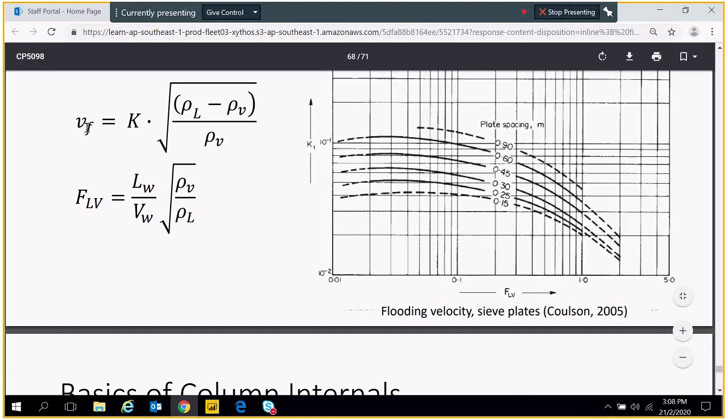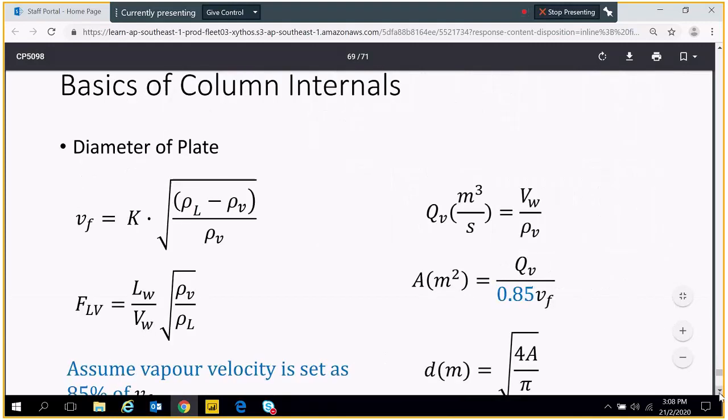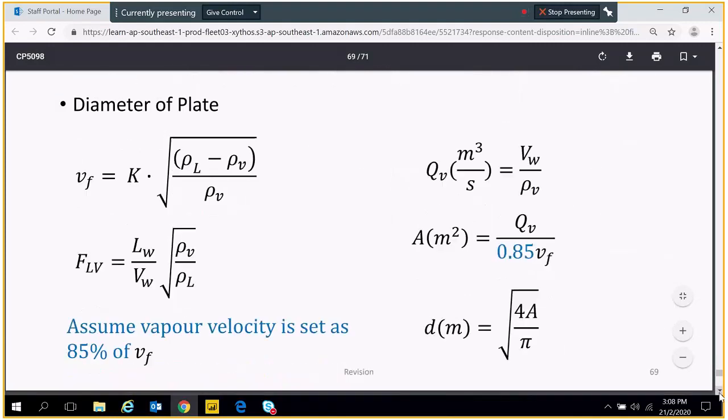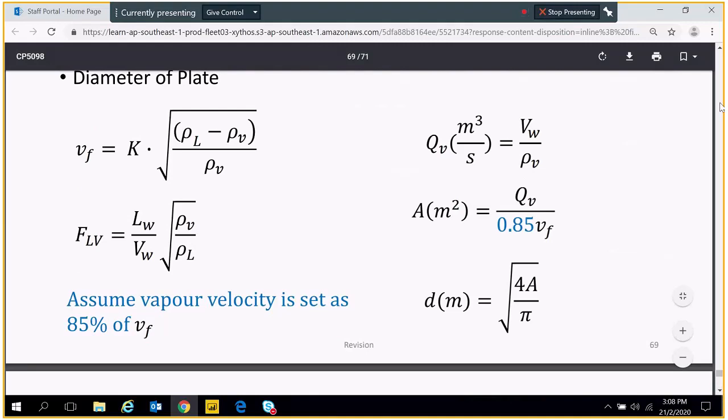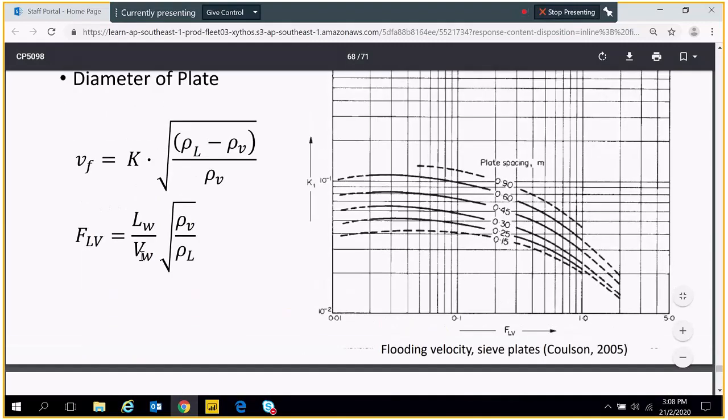If K is bigger, then VF will increase. Higher vapor flow rate, so FLV will decrease.